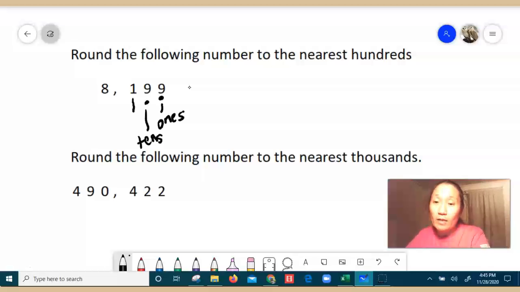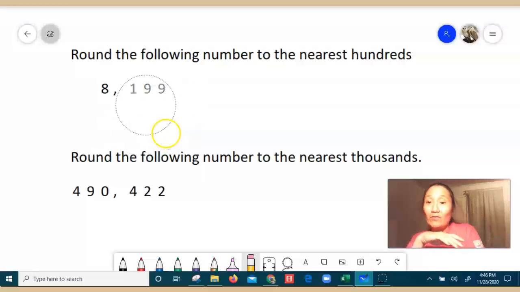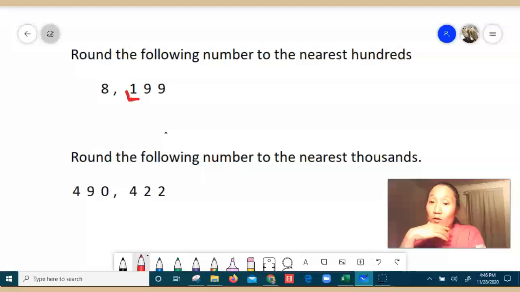And this 1, this digit right here, is in the hundreds place value. So, because that digit is in the hundreds place value, that is the digit we're going to look for. So we have to round. This is the number we're going to round, so we got to circle it.